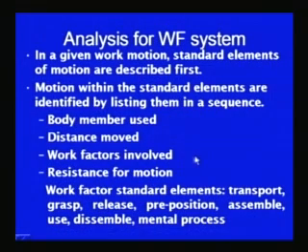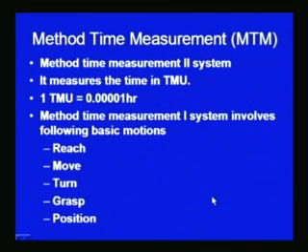The work factor in the job may be in the form of transport, grasp, release, preposition, assemble, use, disassemble, or mental process. So, according to the use of the body member, distance travelled, involvement of the work factor, and the resistance for carrying out the motions, the time values are obtained to find out the total time required for carrying out the job by the work factor method.